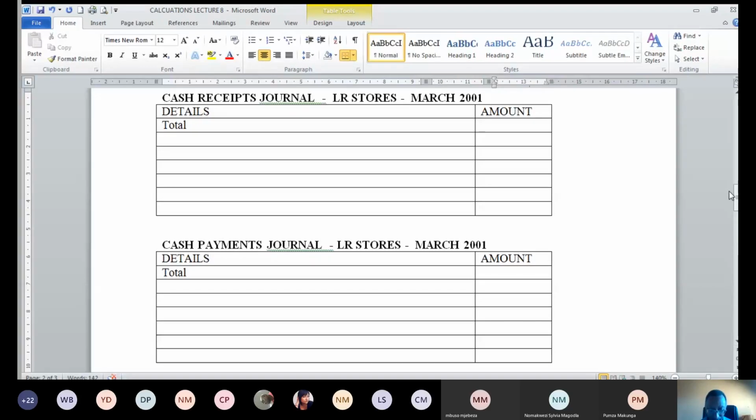So that is a different amount to the 5,000 that you see there on your bank statement. So in your cash receipts journal, you have now marked off that the 5,000 appears in the cash receipts journal, but not on the bank statement.